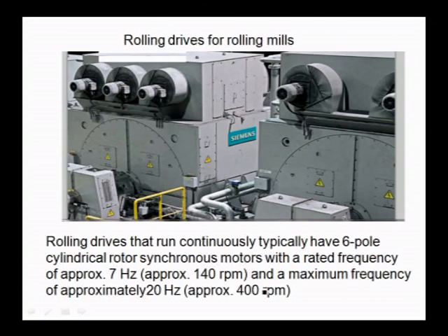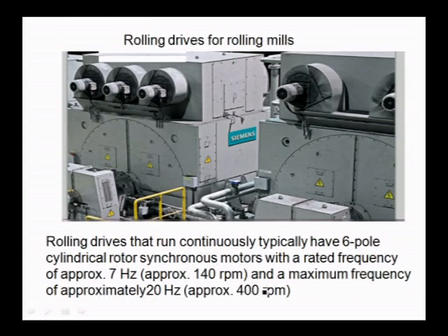So, this is a practical application. You can see the rolling drives, rated frequency 7 hertz, very low speed, 140 rpm, used with a synchronous motor. So, for controlling a synchronous motor at very low speeds, cycloconverters are used.